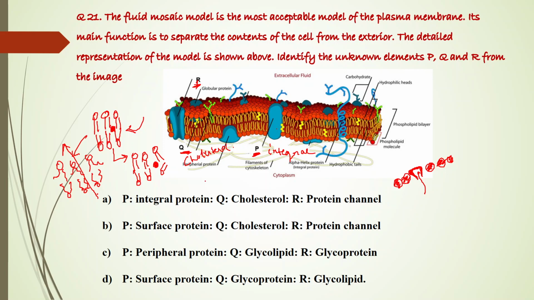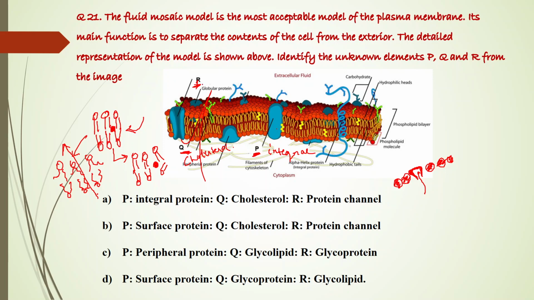So this is the only difference that exists between P and R. There is no hollow part in case of P, although it was embedded, there was no channel through which a molecule can pass. But in case of R, it is embedded as well as it has a channel through which other molecules can pass through.